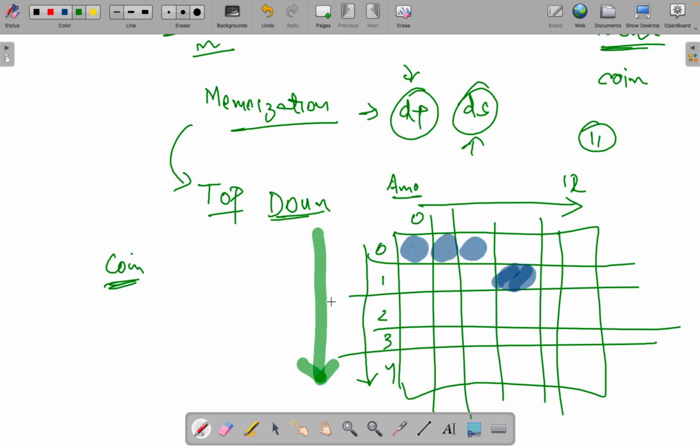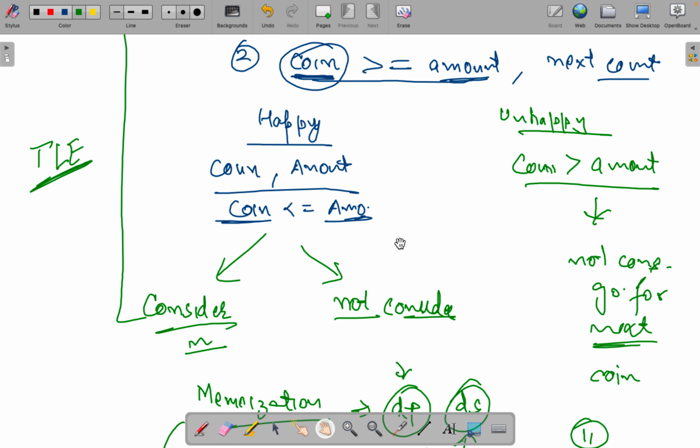And how can we initialize? As we know, whenever the amount is equal to 0, the answer should be 0, which is definite, and we can simply put 0 in that column. And also if there is no coin and the amount is zero, then also the answer is zero. In that way we can simply solve it by using the above concept.